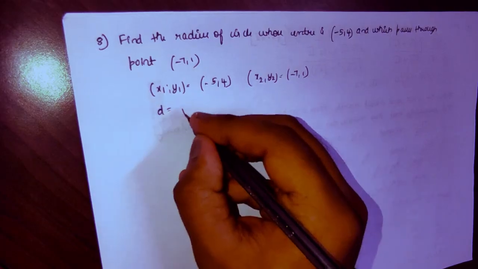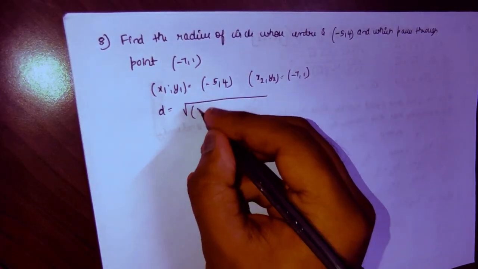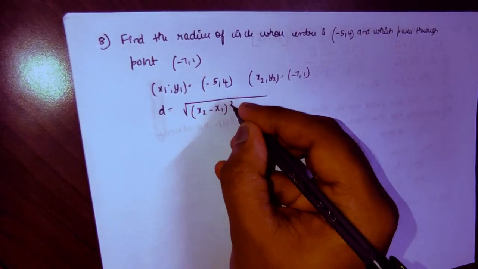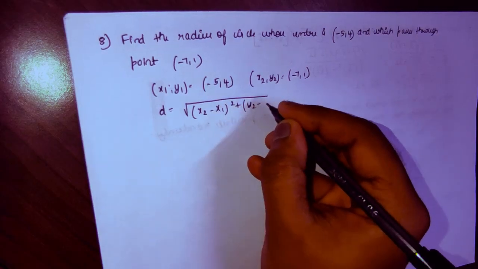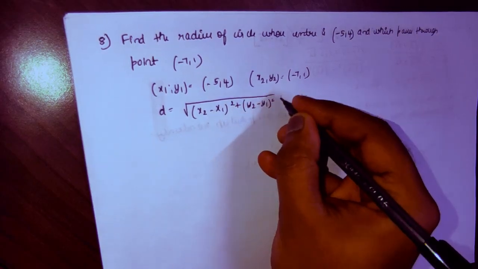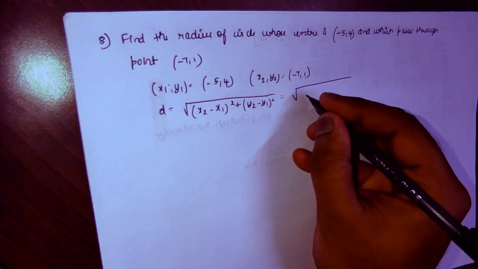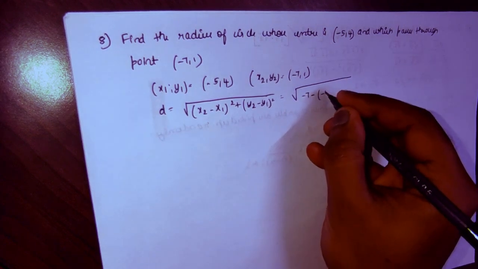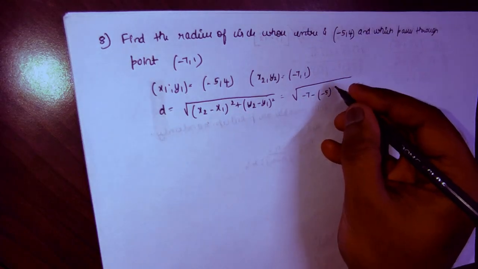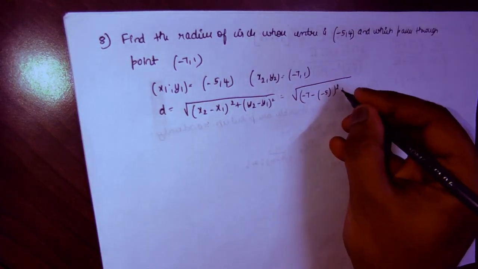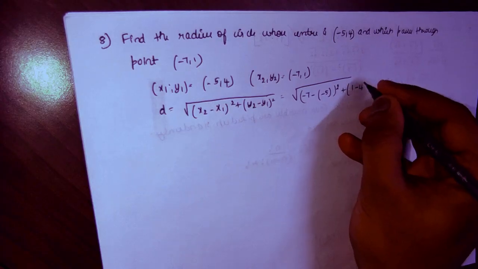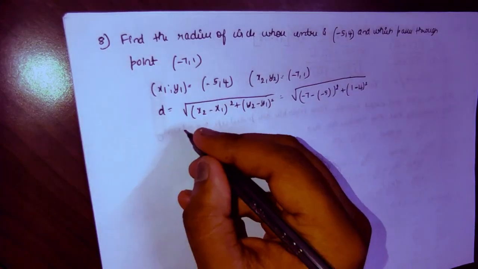By distance formula, we know square root of x2 minus x1 whole square plus y2 minus y1 whole square. We substitute the values here. We will get minus 7 minus of minus 5 whole square plus 1 minus 4 whole square.